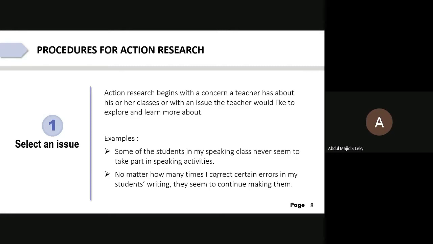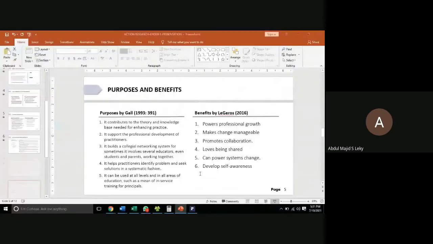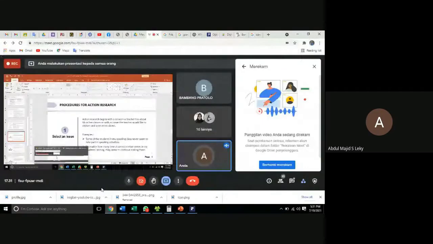Not every issue in the classroom is suitable for research, but of course we can do research on any issue that appears in our classroom. But when it comes to action research, it needs to be an important issue in the classroom process.